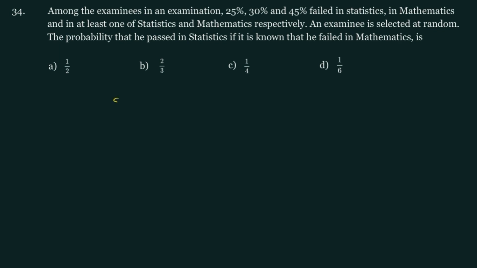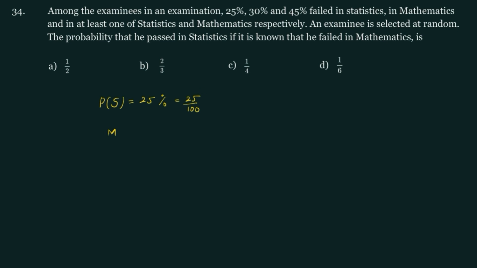So let S be the event where the student has failed in statistics, and the probability of that is given equals 25%. See, whenever percentage is given, it's actually the probability, okay? So 25% means 25 by 100. And let M be the event in which a student has failed in mathematics.